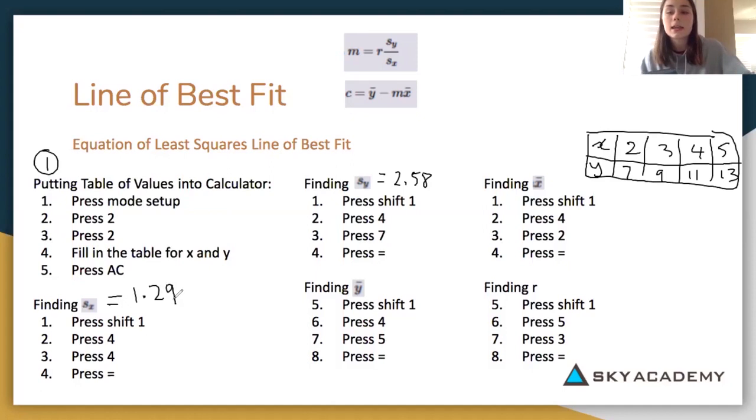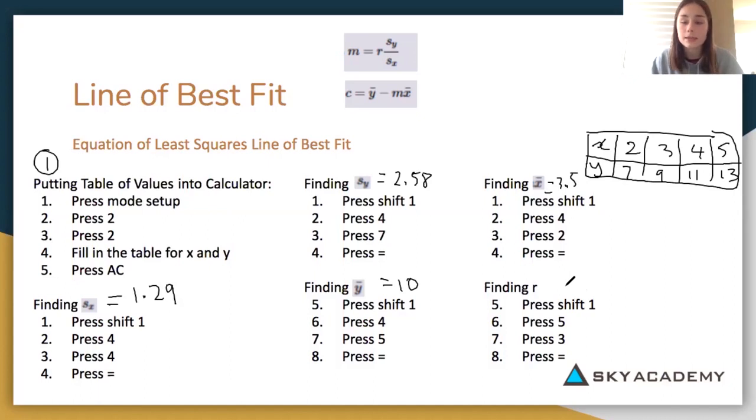Once we do that, let's try again, and let's do it for the mean of X and the mean of Y. So press Shift 1, press 4, press 2 for X, and X will equal 3.5, and press Shift 1 for Y equals 10 for the mean of Y.